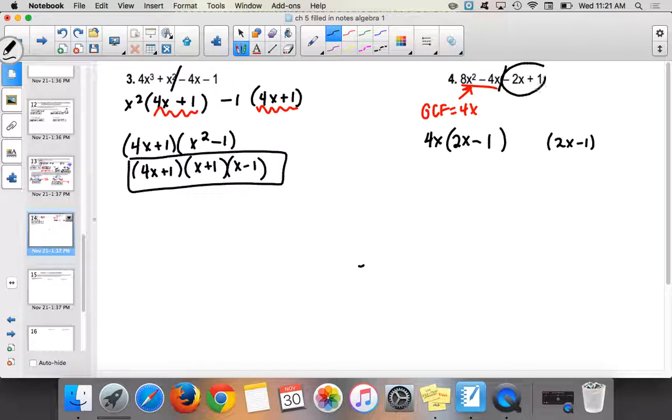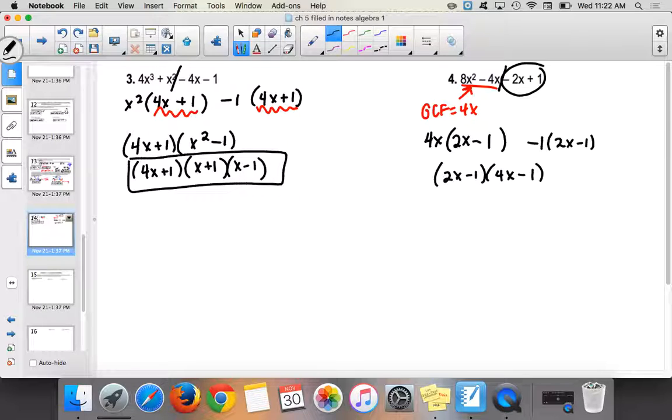What do I have to pull out from here? I need the negative 1, right? It's always a number and a sign. Tessa did it correctly, and she was like, oh, it's just a negative. And she put the negative, but then she got to the part where she needed to write the 2x minus 1 out front, and she was like, I don't know, do I have 4x negative? That's why you always have to pull out a number and a sign. So you need a negative 1, okay? So it's going to be 4x minus 1 left, and that's our answer. That's what we write it as.